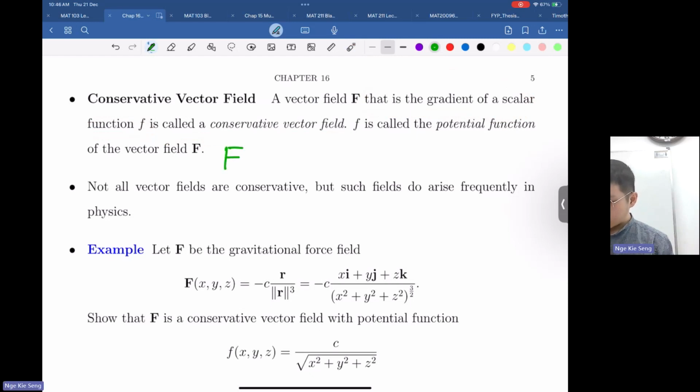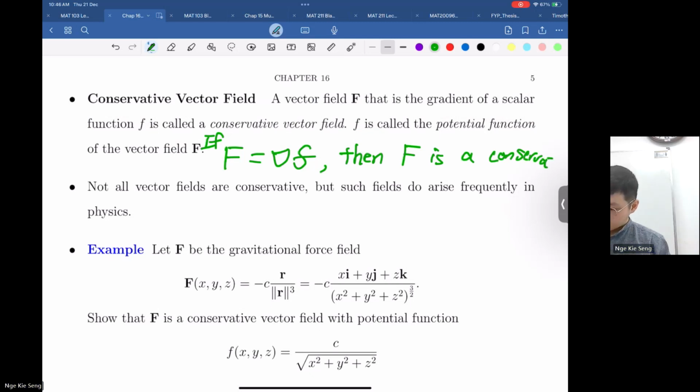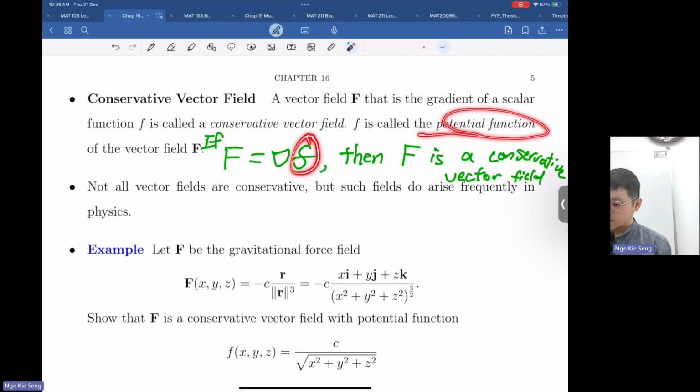If your F is coming from a gradient of a scalar function, then the capital F is a conservative vector field. And then we also have another name for this kind of f. We call it a potential function of the vector field.